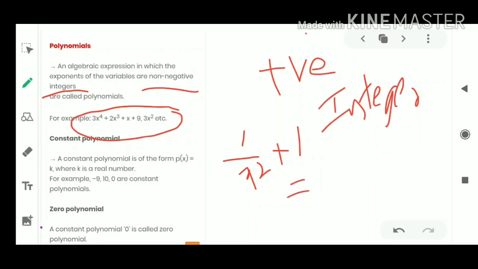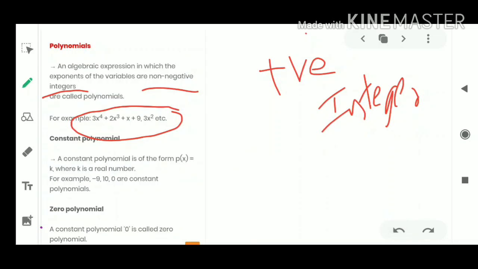See, 1 by x square can be written as x power minus 2 plus 1. Here the power is negative, so it is not a polynomial. So always the powers of the variable must be positive only, not negative.